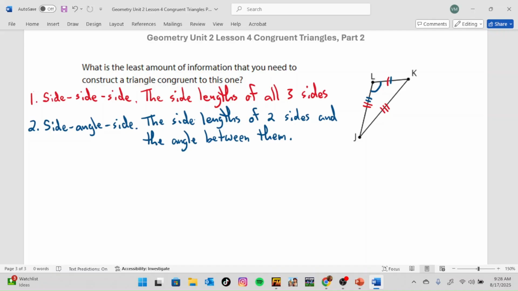Well, once I've done that, I have LK and I have LJ, and I have them at the proper lengths and in the right spots. All I have to do is then draw this line that connects J and K, and I have the triangle. So I would be able to with those three pieces of information.